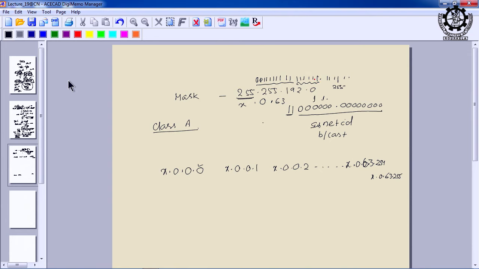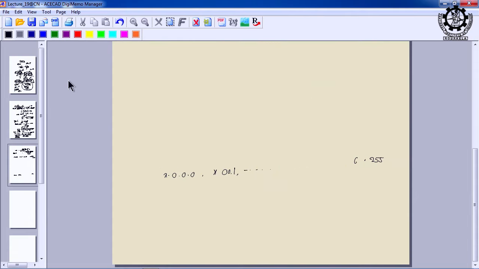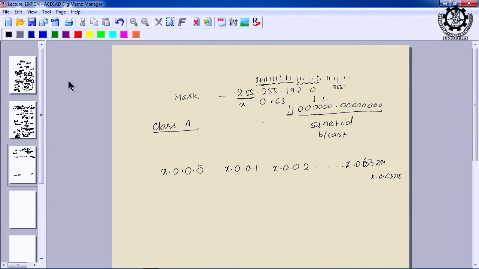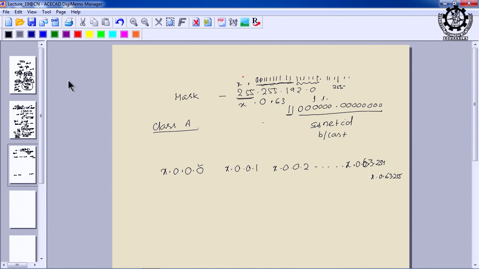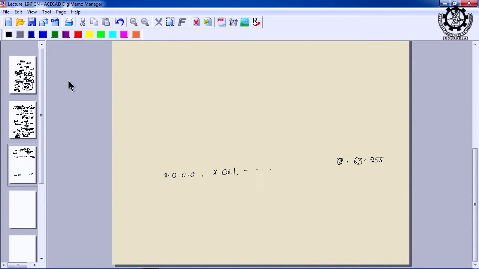So when it comes to all ones, what is the number? 63, and by that time the subnet ID is still all zeros, right? x is any number that belongs to the network. So my last number is x dot 0 dot 63 dot 255.